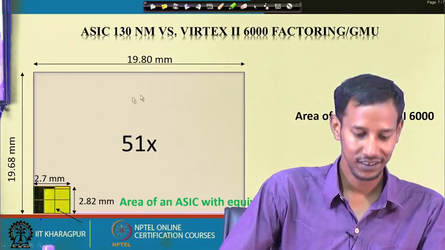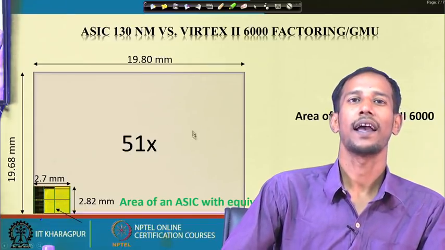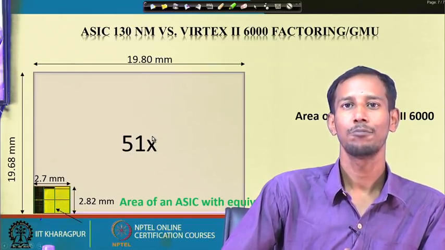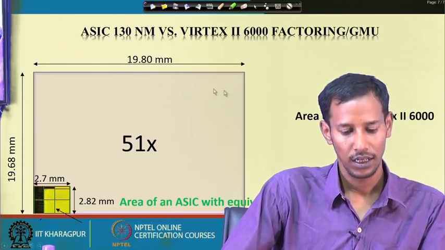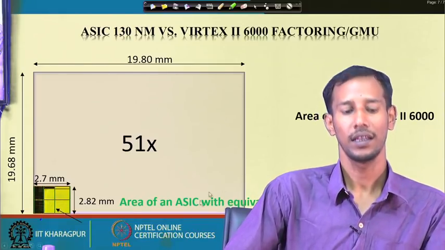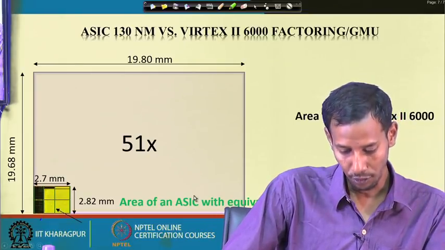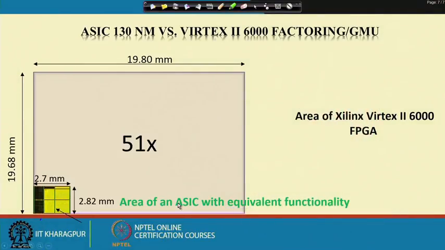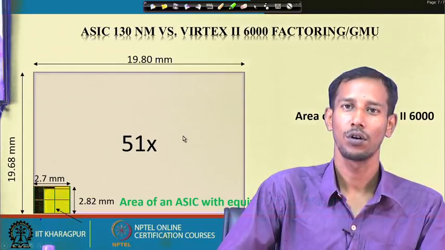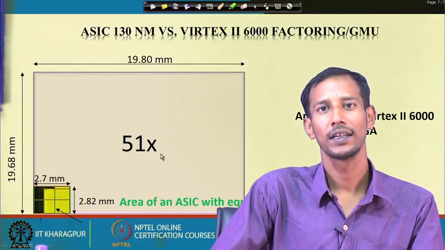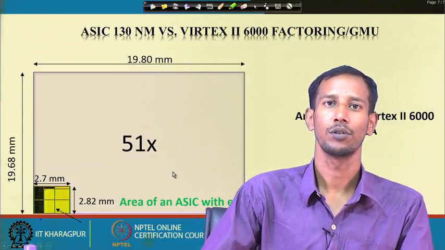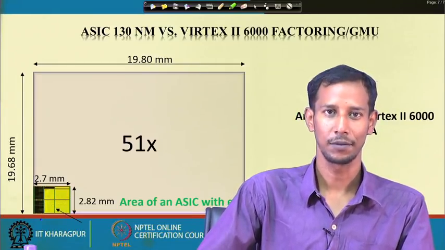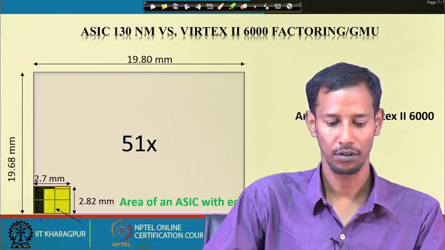That means it is 51x times higher if you follow the FPGA design style. More area means it consumes more power and more cost, so FPGA is a more power hungry device or system in comparison with ASIC. This is just one example of that.